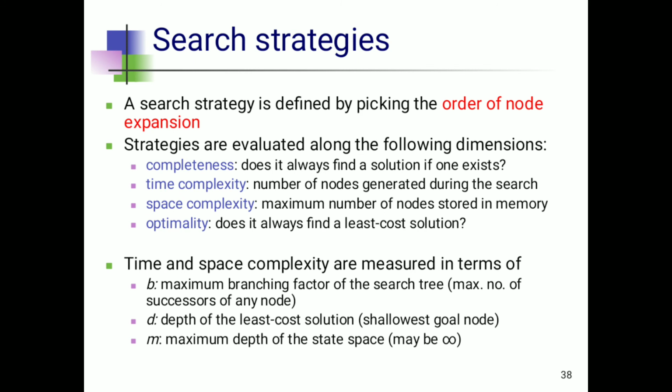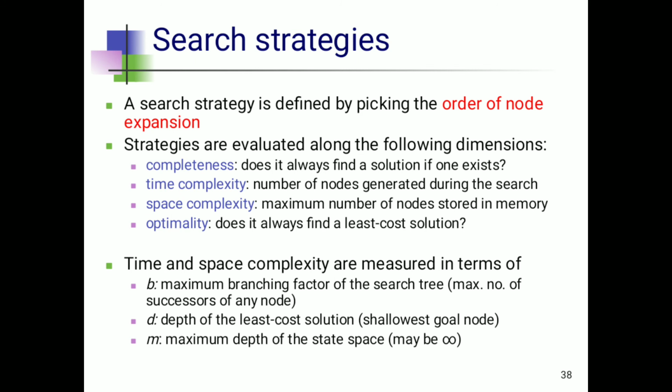This is to be decided under the search strategy. Then strategies are evaluated along the following dimensions. So what do we need to consider when we decide the strategy? We need to consider completeness, time complexity, space complexity, and optimality.